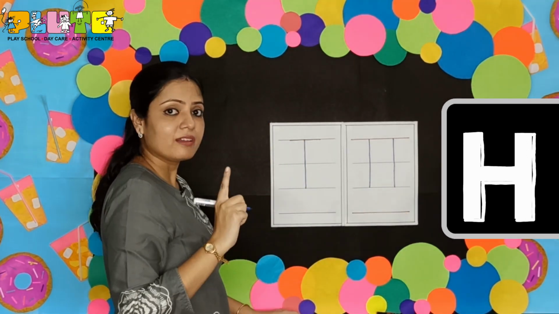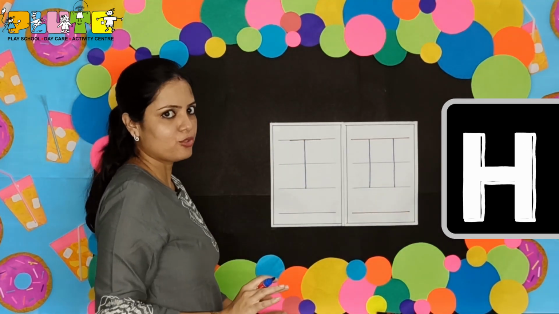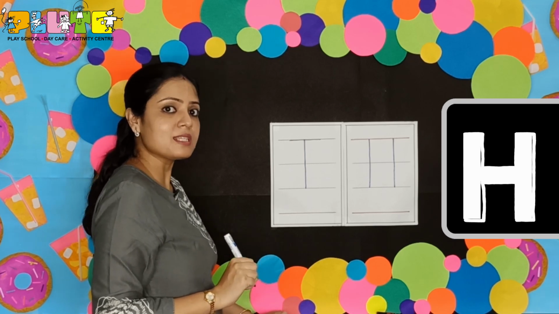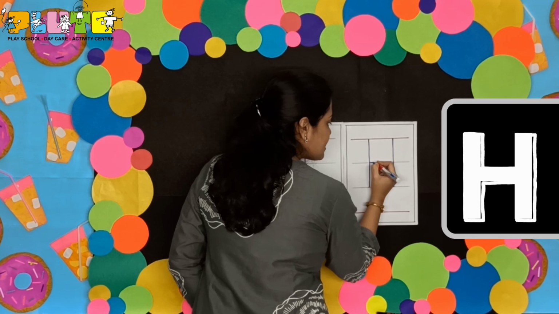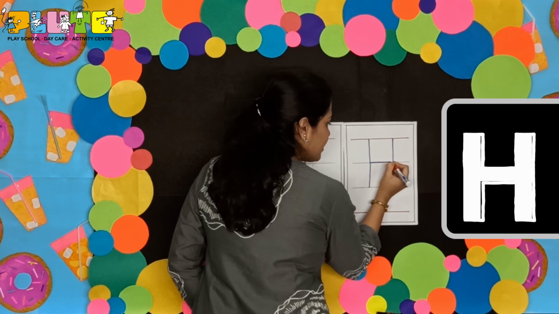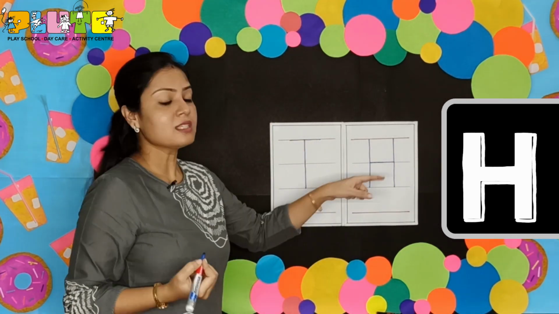So there are 2 standing lines that I have already drawn. Now I am going to draw the sleeping line on the second line. Okay children? So this is H. Till now children, we have learned I, L, T, H using the standing and sleeping lines.